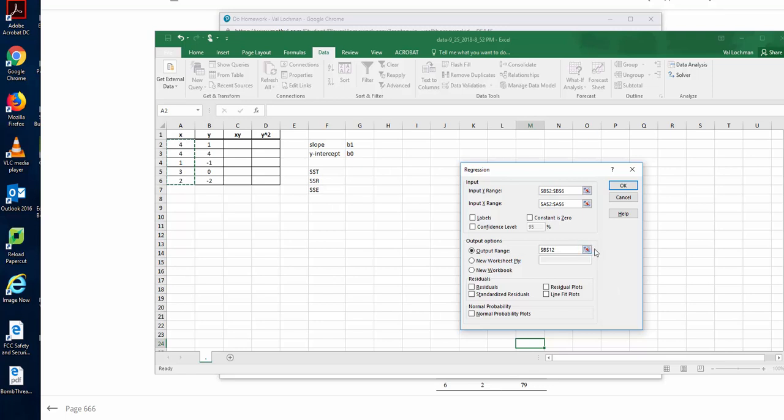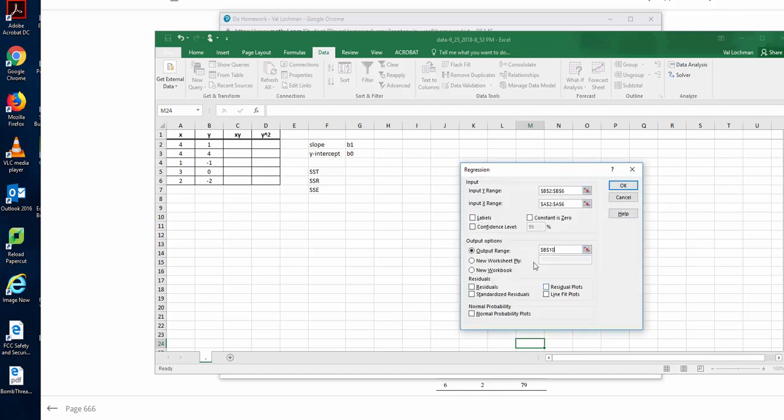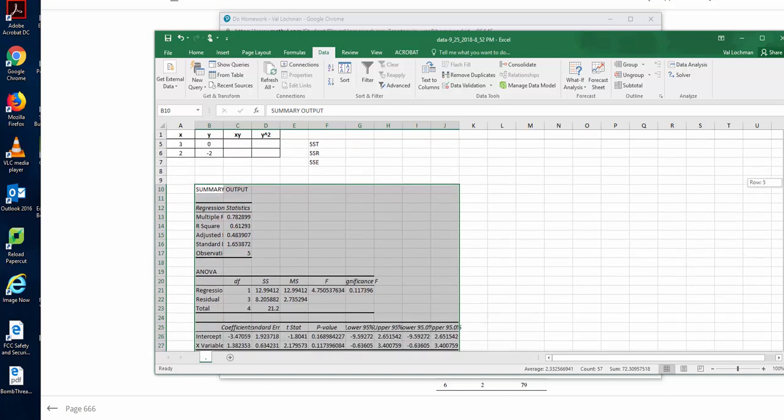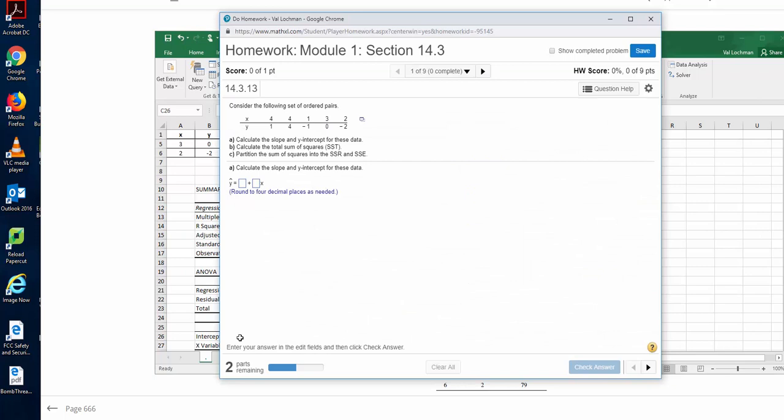I'm going to put the information that's going to be computed in one of the cells, and this looks great. Okay, so now let's see what we need to extract from here. We need the y-intercept and the slope, and these are the numbers right over here. Okay, let's go back to our problem and let's see what they want us to do.